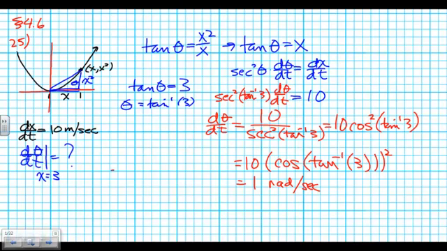I've got a triangle that's got a value of 3 here and a value of 9 there, and that means that the hypotenuse is going to be the square root of 3 squared plus 9 squared, which is equal to the square root of 9 plus 81, which is the square root of 90.